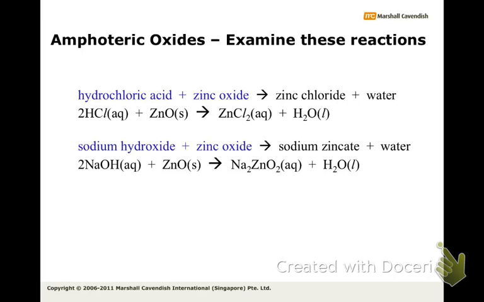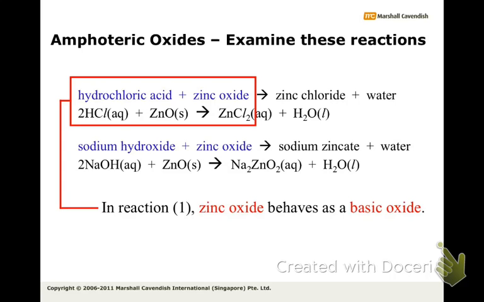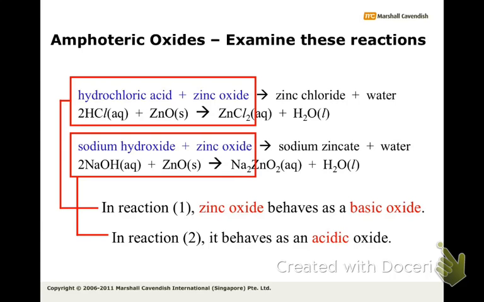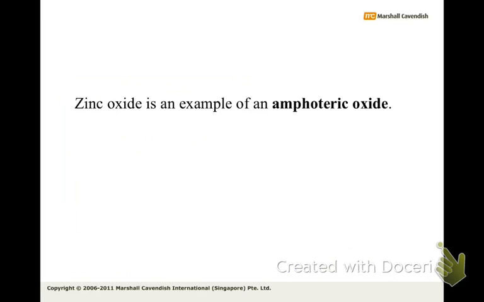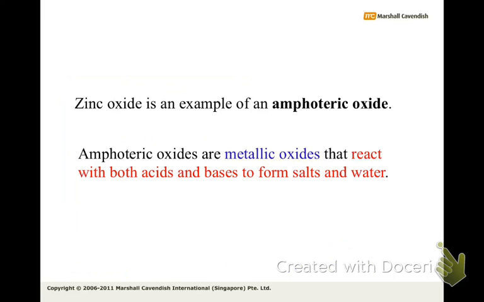In this case, there is a special name for it, and it's called amphoteric oxide. So in both reactions, the zinc oxide behaves as a basic oxide in one and an acidic oxide in the other. In both cases, it will form salt and water. So zinc oxide is an example of amphoteric oxide. Basically, amphoteric oxides are metallic oxides that react with both acids and bases to form salt and water.